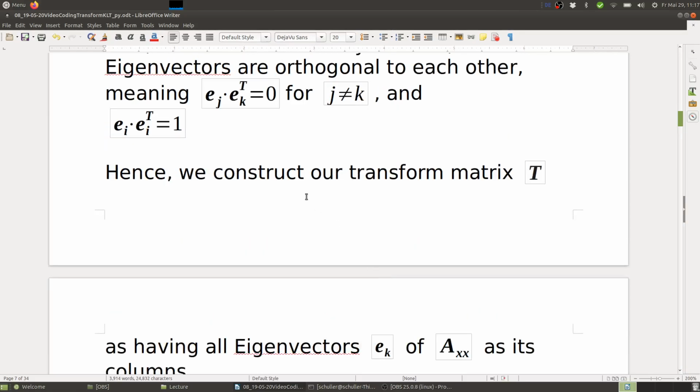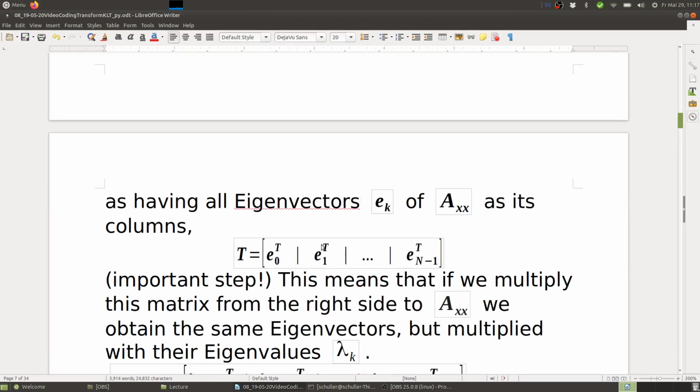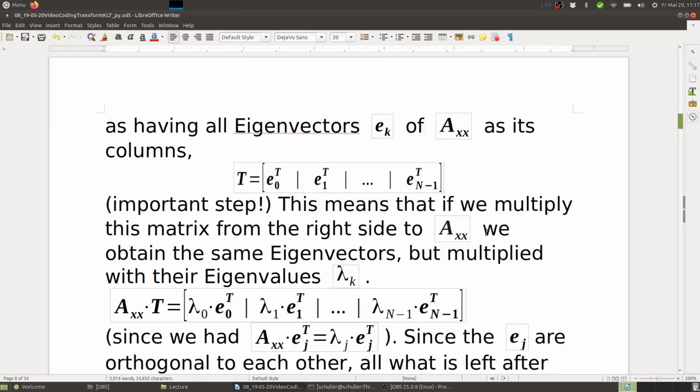So hence we can construct our transform matrix T as having all eigenvectors Ek of AXX as its columns. So this is now our trick. T simply becomes a collection of our eigenvectors. Each column is one eigenvector, because we know that if you multiply the eigenvector with AXX, then it's again this eigenvector.